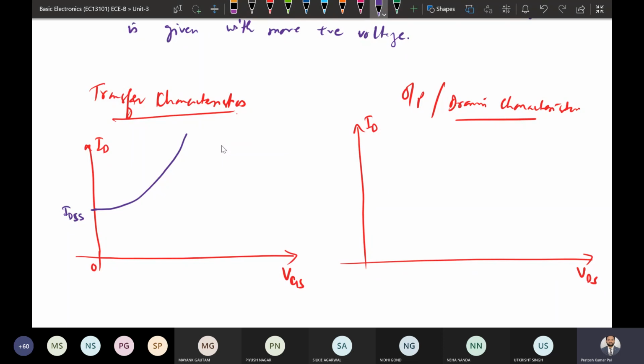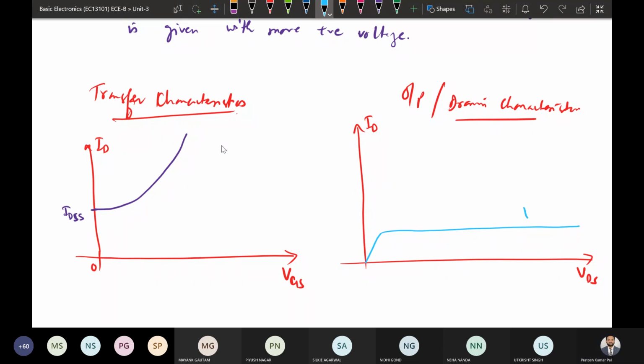Okay, this is the transfer characteristic. Next, the output drain characteristics. It will be like so. This is plotted at different gate to source voltages. The minimum gate to source voltage is 0. At minimum gate to source voltage, the plot initially increases with respect to increase in VDS, and then it will become constant.